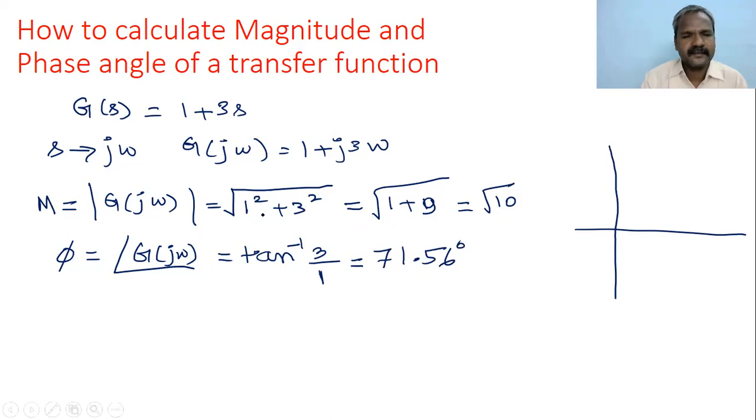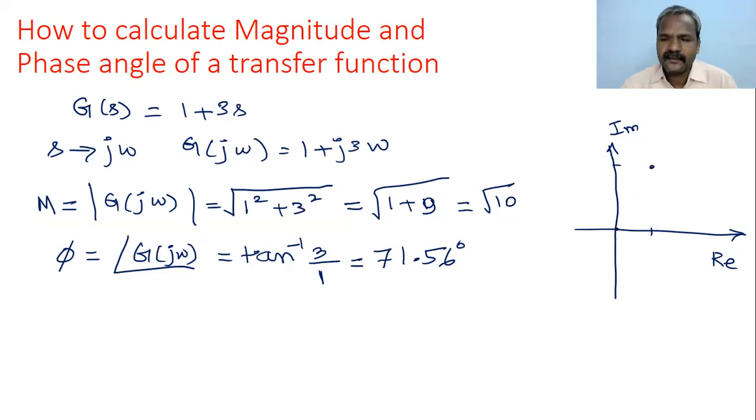Where is this point? This is the real axis, this is the imaginary axis. So where is this pole exactly placed, with real 1 and imaginary 3, right? So this will be available here.